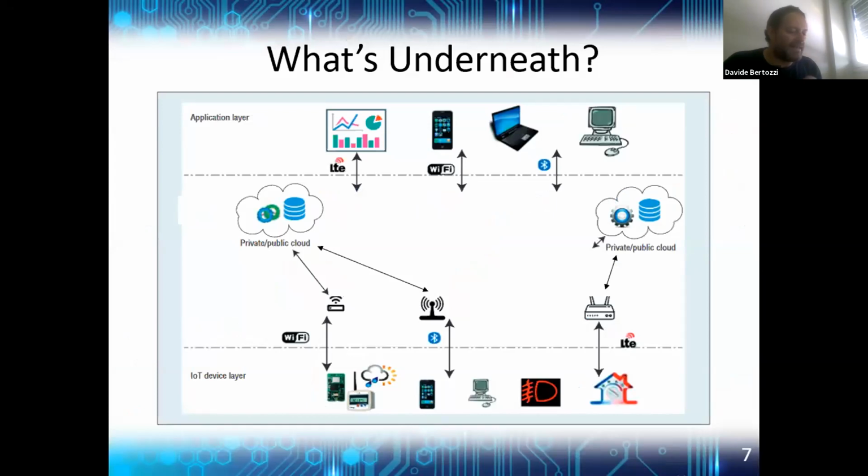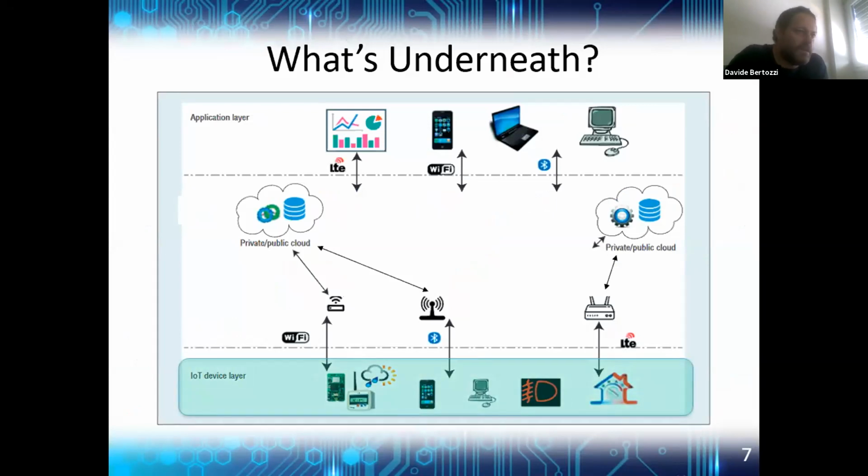We find out that at the core of most of these applications, there are two fundamental building blocks. On the one hand, on the lower side of this slide, we have the smart objects or IoT device layer. These devices or objects are able to sense, actuate, store, and to some extent also interpret information created within themselves or sensed from the surrounding environment.